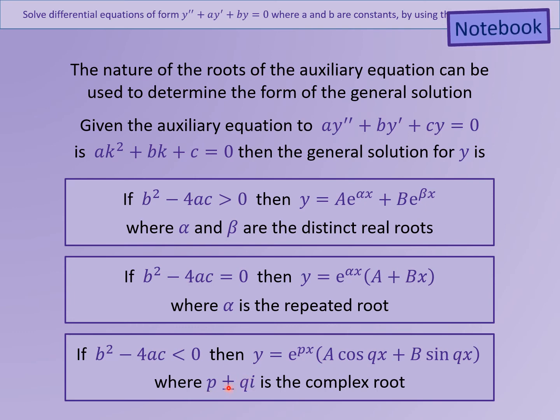Because a, b, and c are always real, the root is always going to be p plus or minus qi. As long as you remember which way around it goes, p would be your power there, and q would be your value for your angle, and you put in those two. Okay, so pause there. Make sure you've got plenty of time to take down what you need.